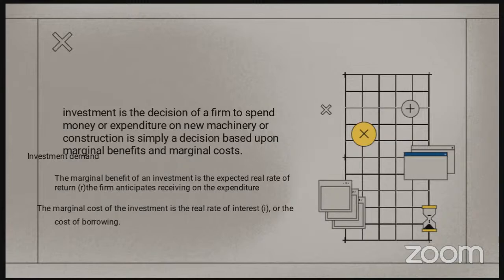It is important to remember that investment demand here does not refer to financial investment. Financial investment is like a form of saving, typically by households that wish to maintain or increase their wealth by deferring consumption till a later time.